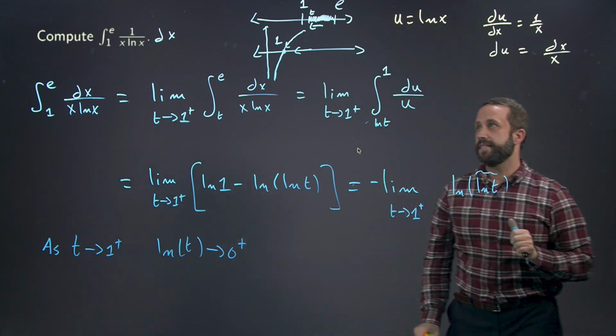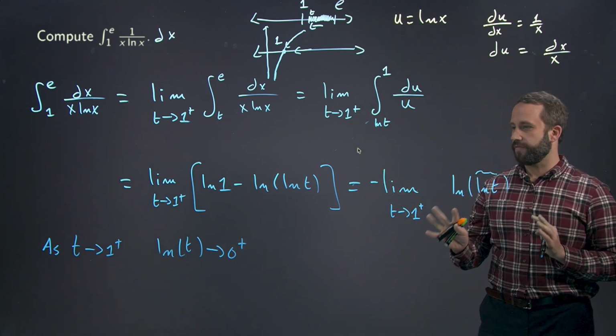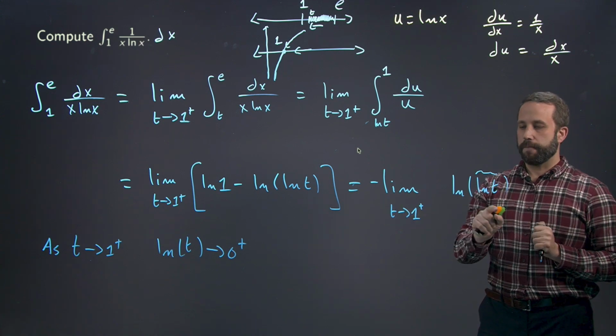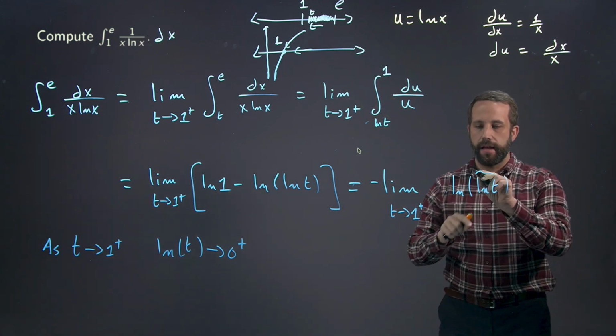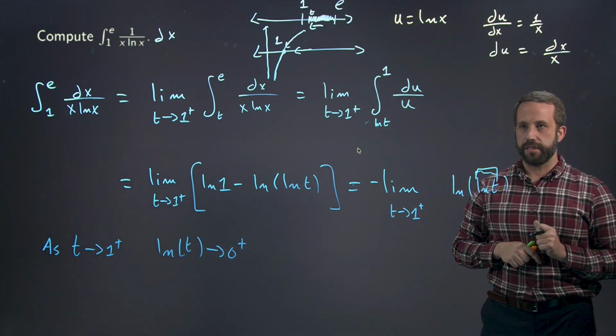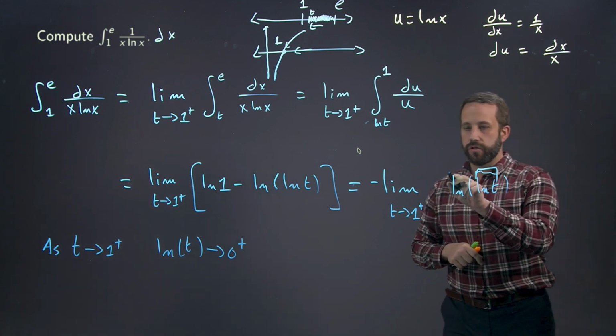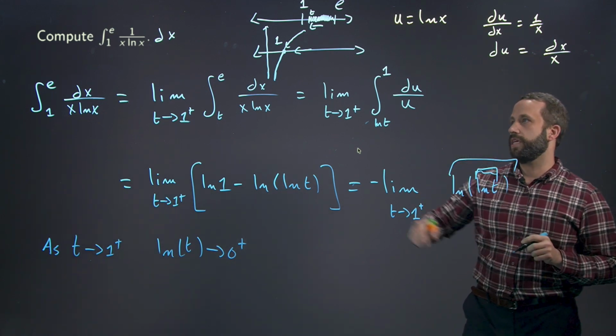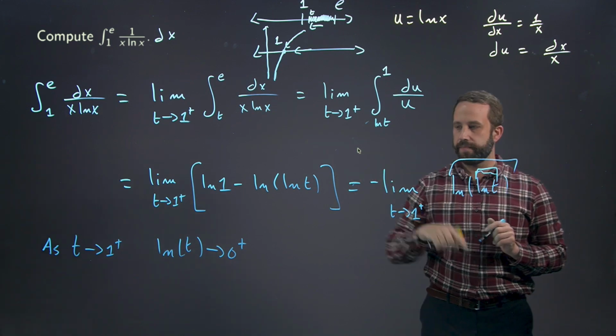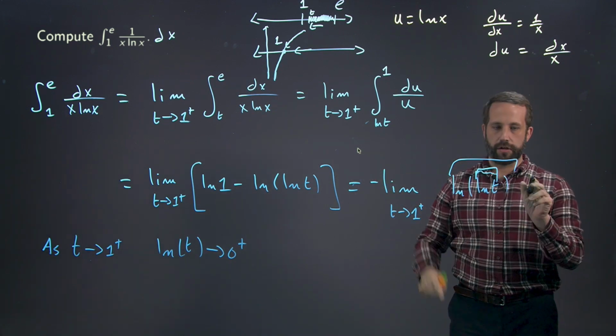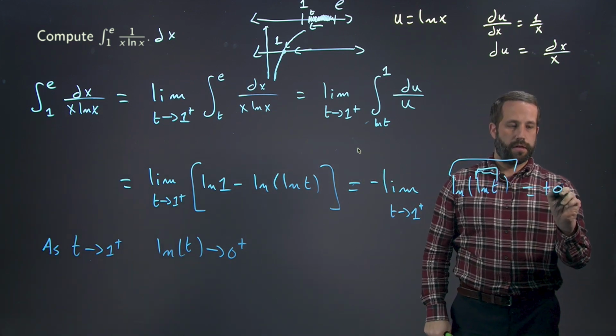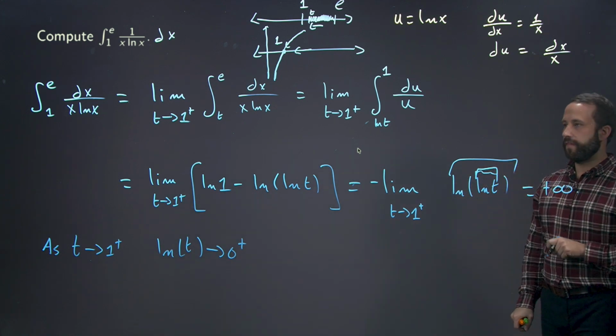So there's a bunch of stuff going on here. As t approaches 1 from the right-hand side, the natural log of t approaches 0 from the right-hand side, so the natural log of the natural log of t approaches minus infinity. And then I have a minus sign there. So overall, this is equal to positive infinity.